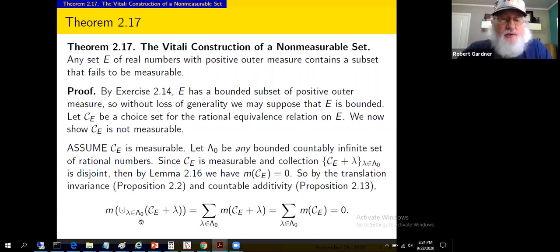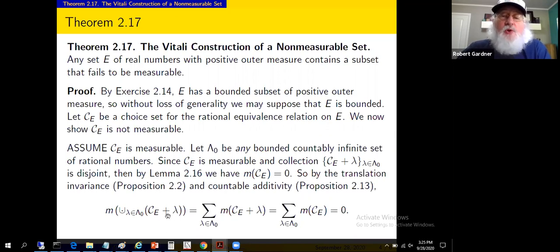Those are constraints on lambda sub 0, the set. If we take the measure of the union over that collection of sets, it'll be a disjoint union, as mentioned above. So we've got countable additivity under the assumption that C sub E is measurable. Then all these translates of C sub E are also measurable.